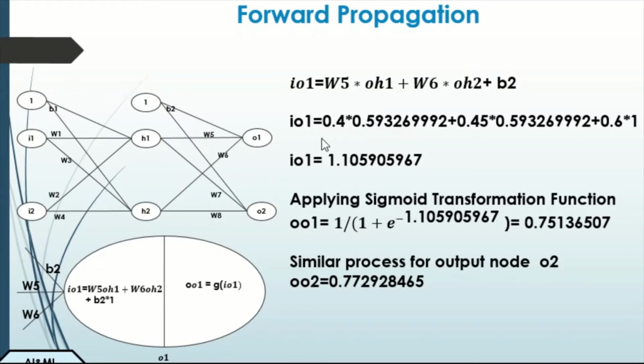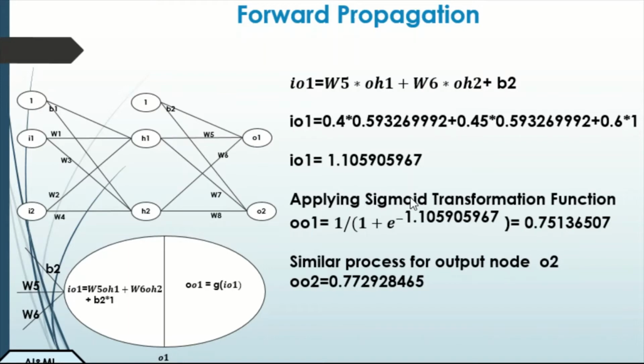So substituting these values of W5, W6 and whatever values we computed from the previous section for OH1 and OH2, we get the IO1 value for the network, which is 1.01.